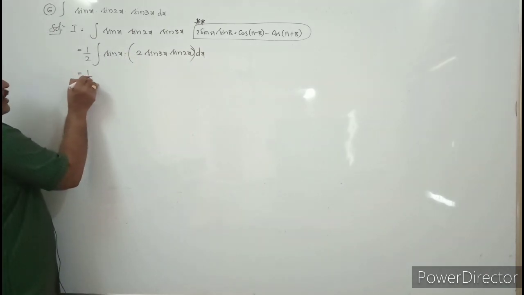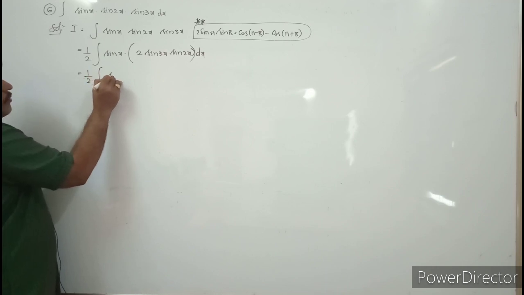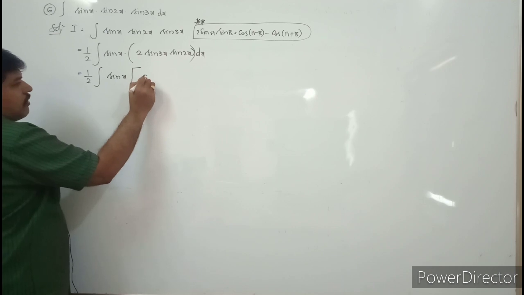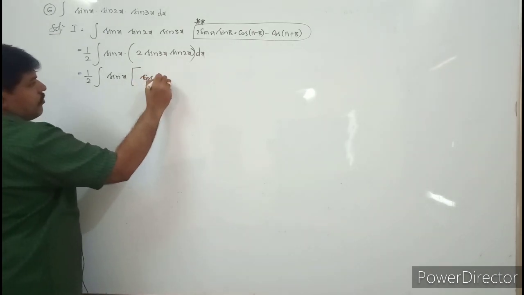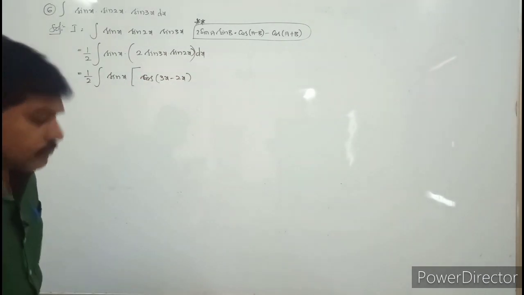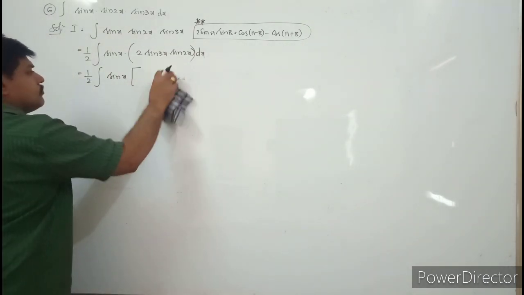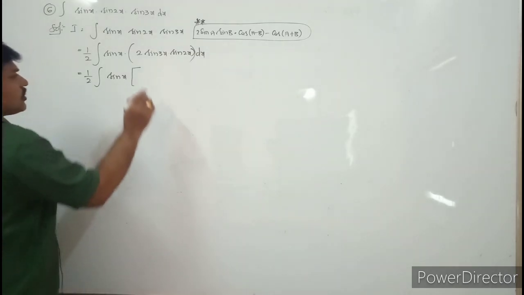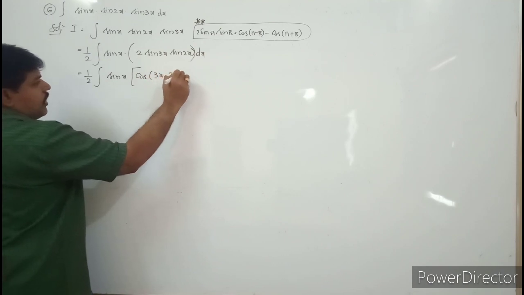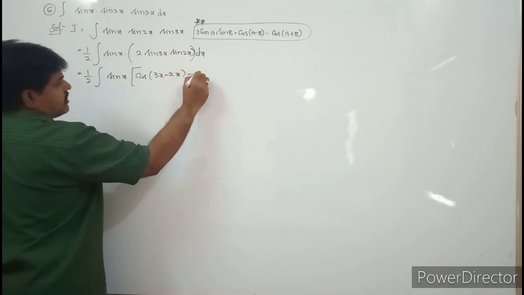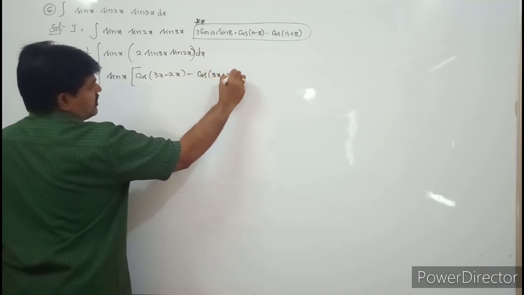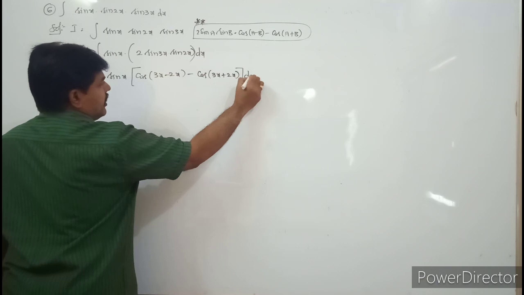So that is equal to 1 by 2 into the integral of sin x times cos of a minus b, that is 3x minus 2x, minus cos of a plus b, that is 3x plus 2x, into dx.